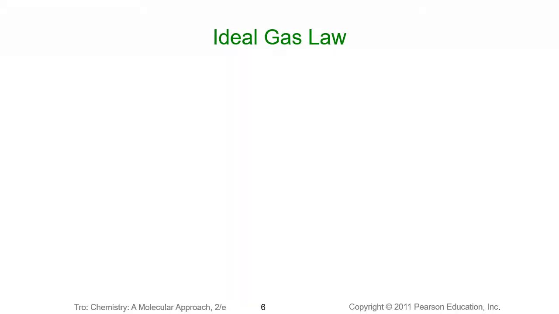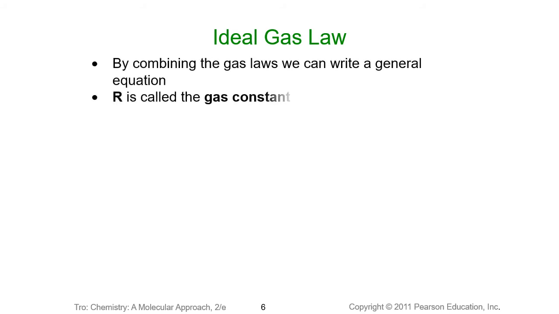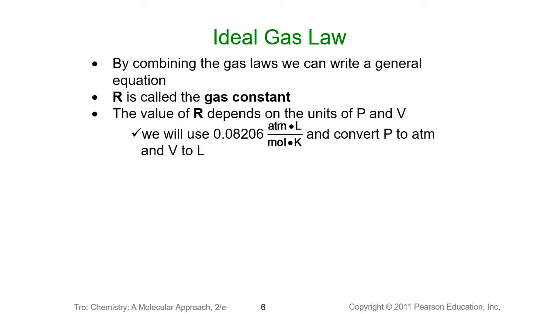When we combine these 3 laws together, we get the ideal gas law. In the ideal gas law, we have a proportionality constant called the gas constant. We represent this by R. R, when we're using units of pressure and volume, will always be 0.08206, and the units, you'll notice, are atmospheres times liters divided by moles times Kelvin.